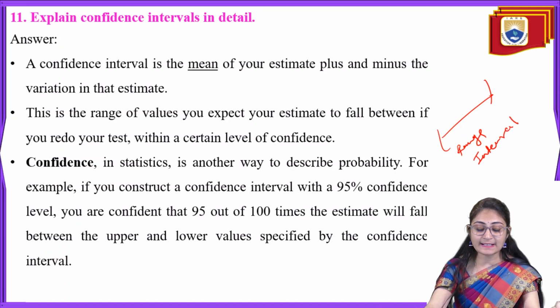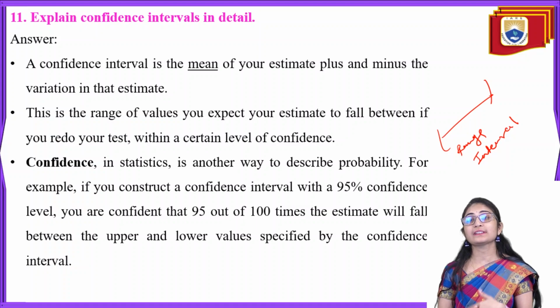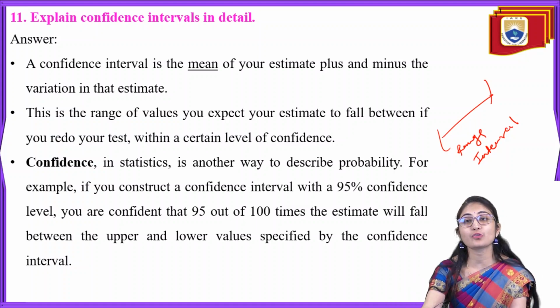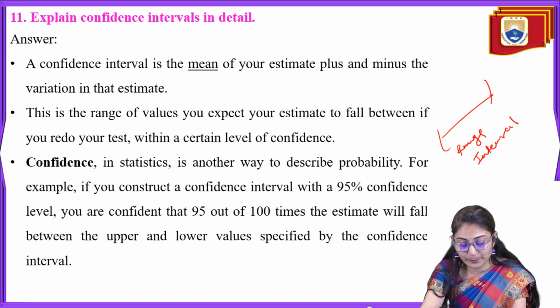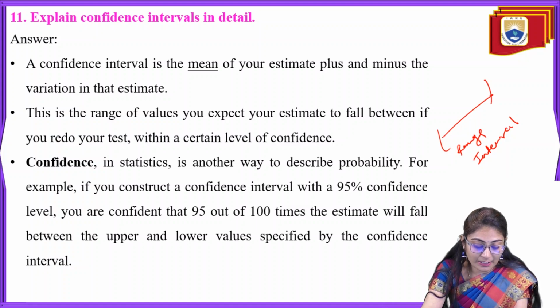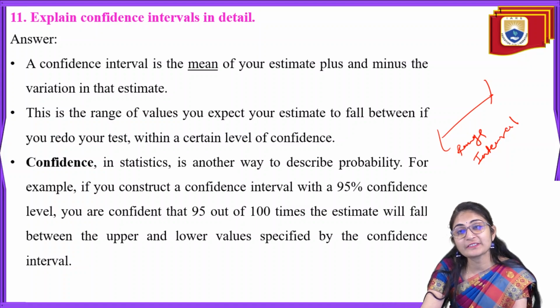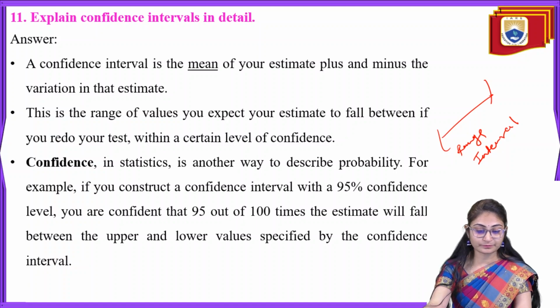Confidence in statistics is another way of explaining probability. For example, if you construct a confidence interval with a 95% confidence level, that means you are confident that 95 out of 100 times the estimate will fall between the upper and lower values specified by the confidence interval.